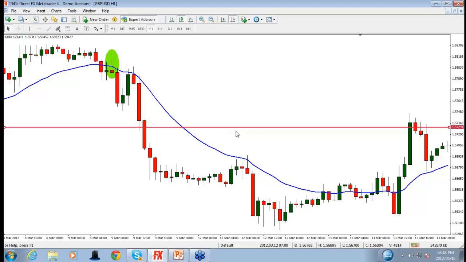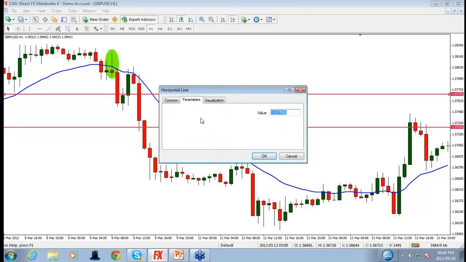So all that I do is, rule number 2, I place a pending order 5 to 10 pips below the low of the pin bar. This is the low of the pin bar at the bottom there. So I'm going to use different color lines. For my entry, I'm going to use a green line, for instance.